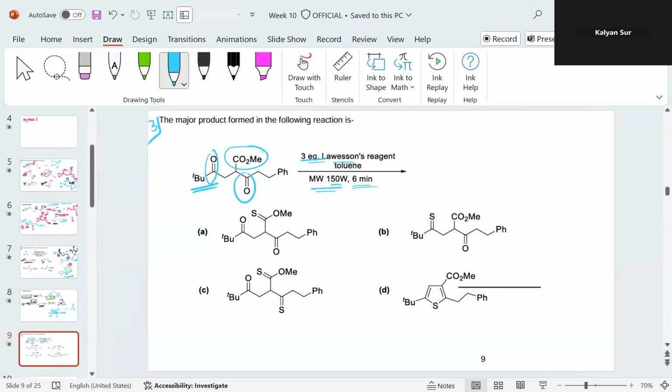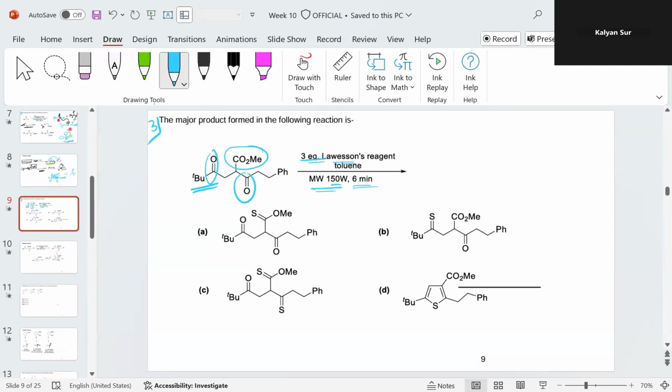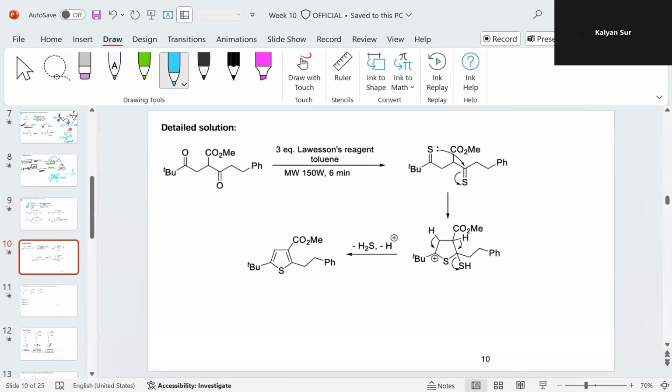First of all, we need to see what Lawesson's reagent is. I will show here the mechanism for this reaction.